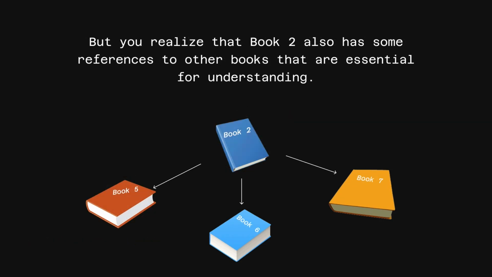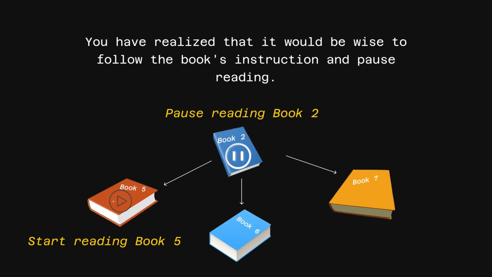As we are now reading book 2, we should be aware that it might also have references, so complete understanding requires us to understand those references. We'll use the same approach for book 2 as we did for book 1. Whenever we encounter a reference to another book, we'll pause our current reading, finish the reference book, and then return to our original one.